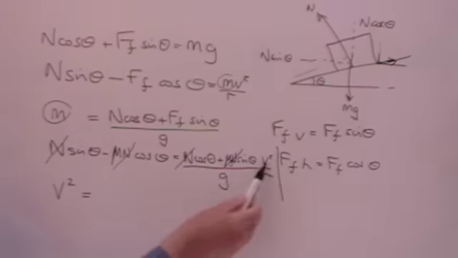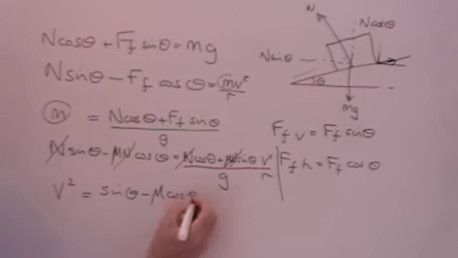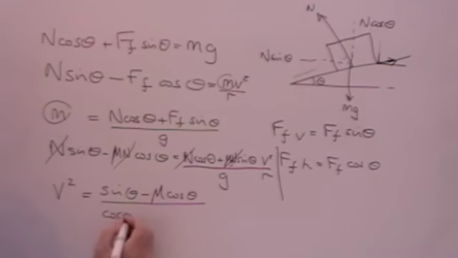This minimum velocity is going to be given by this term here, which is sine theta minus mu cos theta, divided by this term here, which is cosine theta plus mu sine theta, and then the g and the r have to come up here, so you get that term.